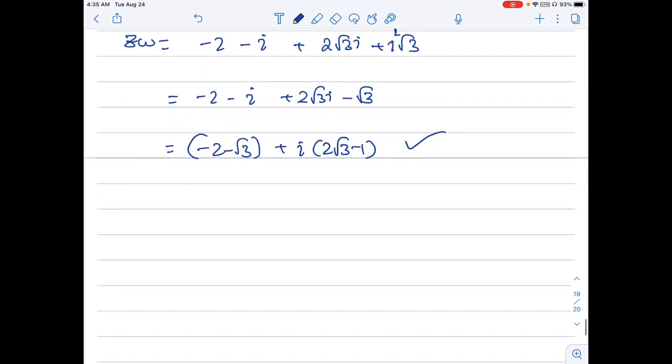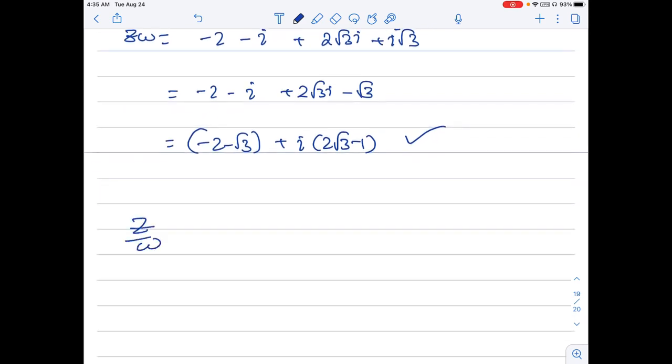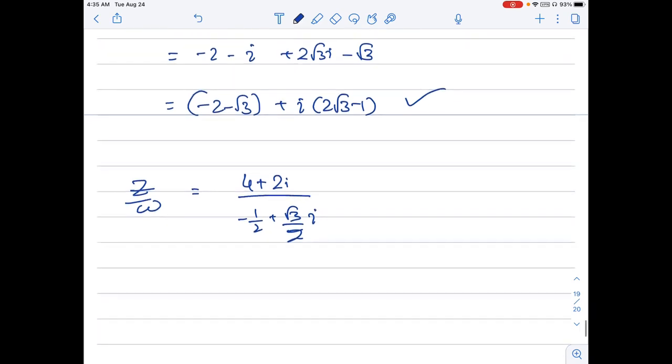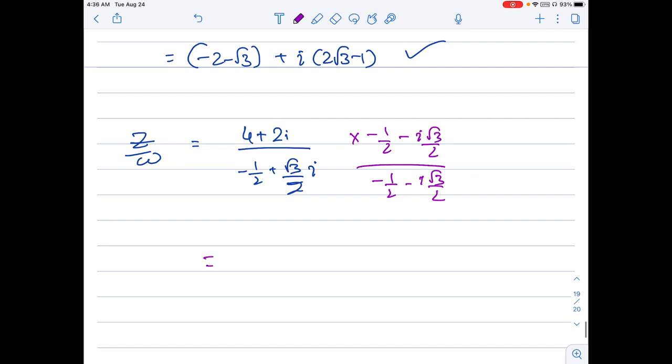To get the other complex number, z by omega, which is another vertex of the equilateral triangle: z is 4 plus 2i, and omega is minus 1 upon 2 plus root 3 by 2 i. So what am I going to do? I am going to do the rationalization, multiplying by minus 1 upon 2 minus i root 3 upon 2, divided by minus 1 upon 2 minus i root 3 upon 2. Multiplying it out, it becomes minus 2 minus i when I multiply with 4 plus 2i.